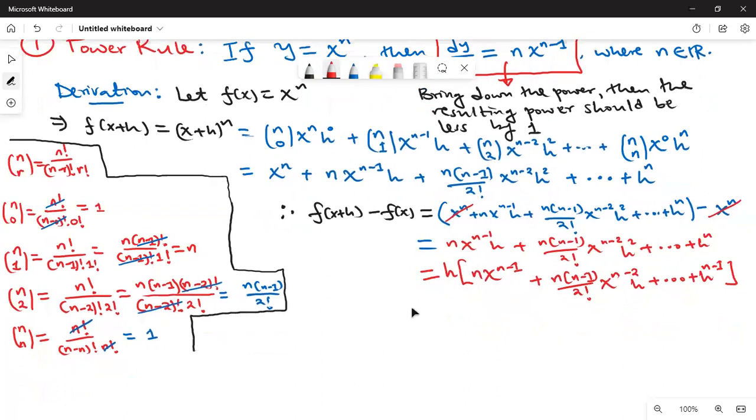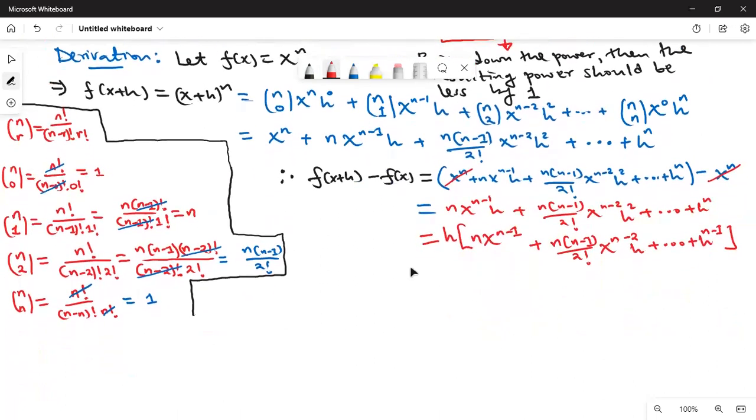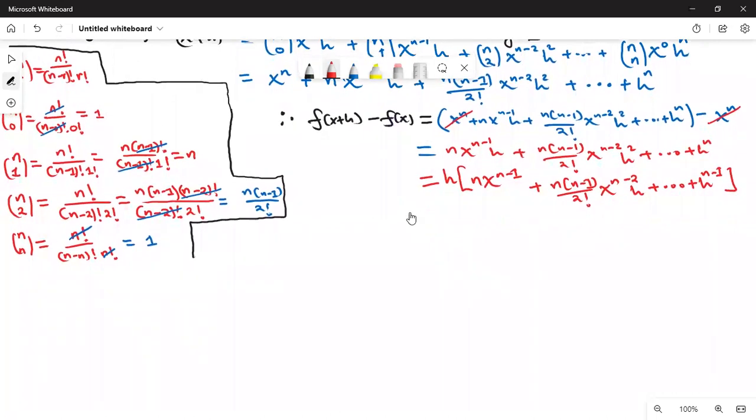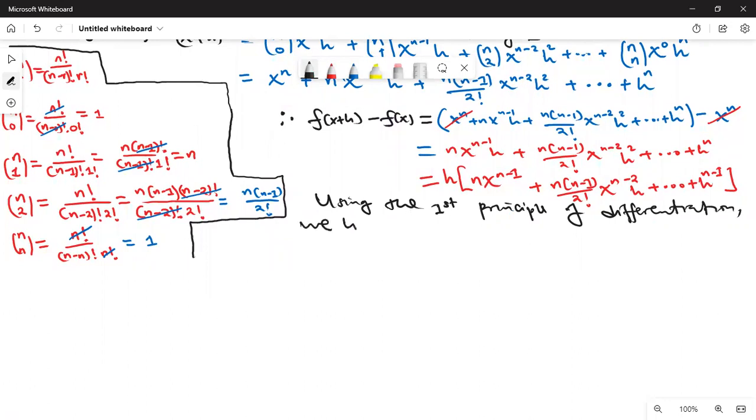So now let's go back to our first principle of differentiation. Using the first principle of differentiation, what will it give us?